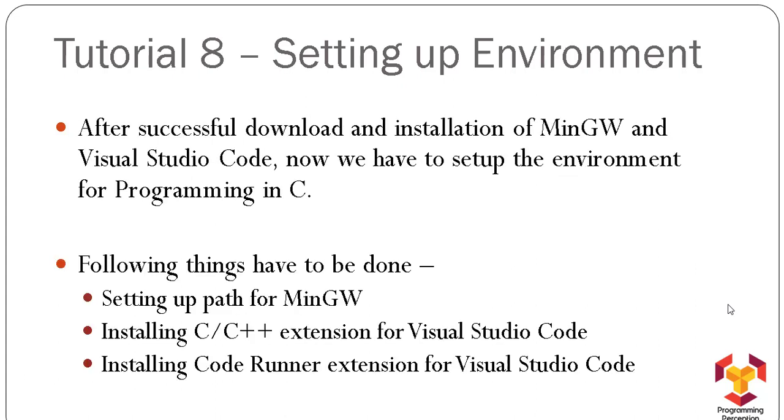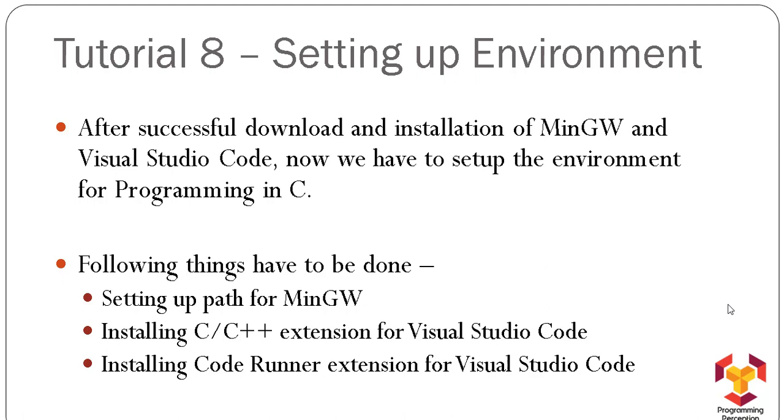We can create a C language program directly in MinGW and run it, but we have to save all our programs at one single place, that is the default installation directory of MinGW. Otherwise, if we save our program anywhere else, it will not be compiled.